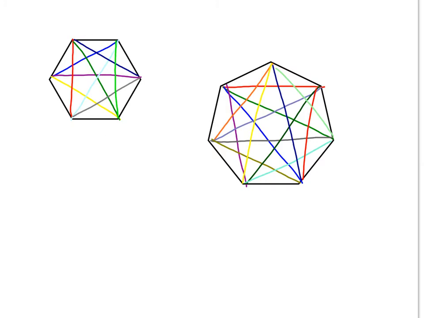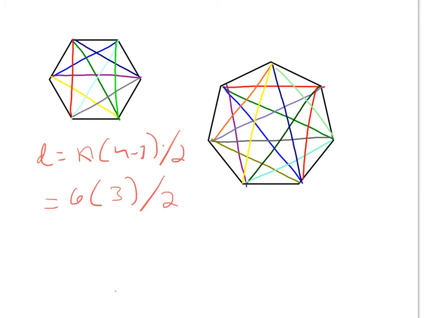Diagonals is equal to n times n minus 3 divided by 2. I don't know why my marker's not working. So this is equal to 6 times 6 minus 3, which is 3, all divided by 2. 6 times 3 is 18. 18 divided by 2 is 9.